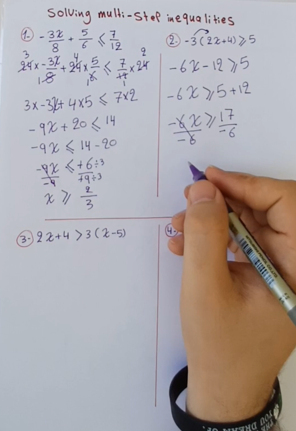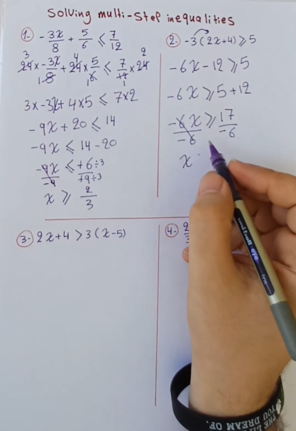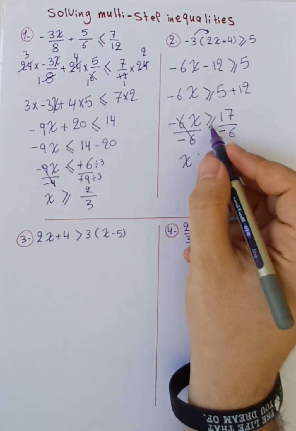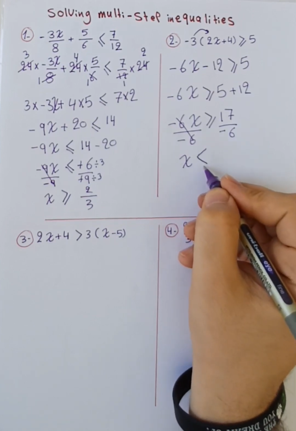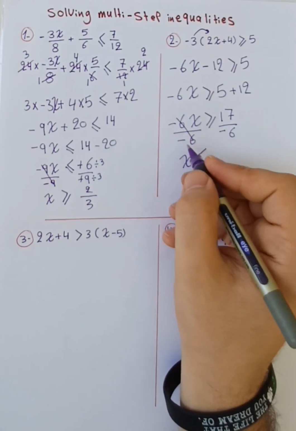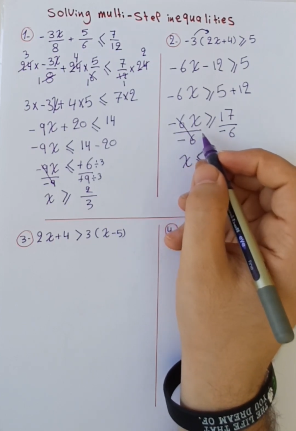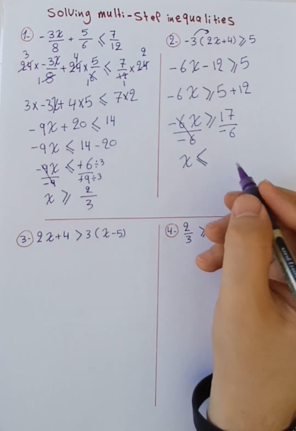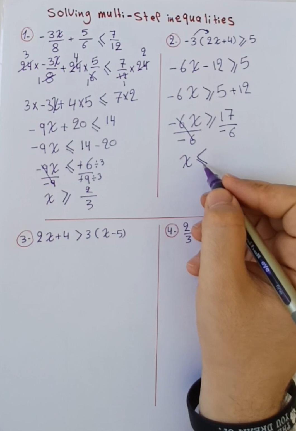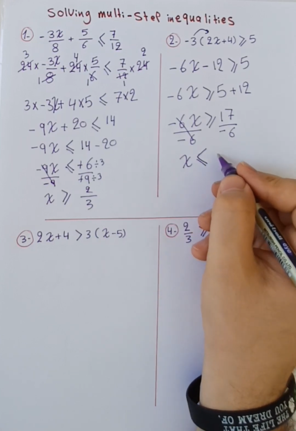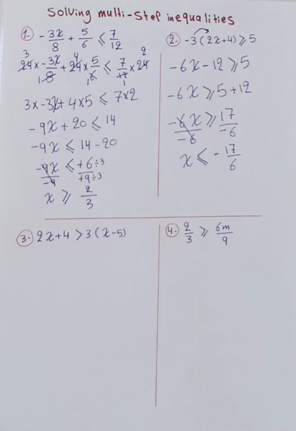These two terms are reduced, x remains, and we change the sign from greater than or equal to, to less than or equal to, because we divide the inequality by a negative number. So x is less than or equal to negative 17 over 6.